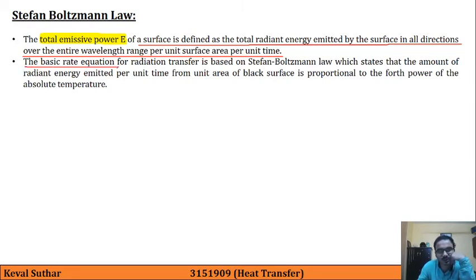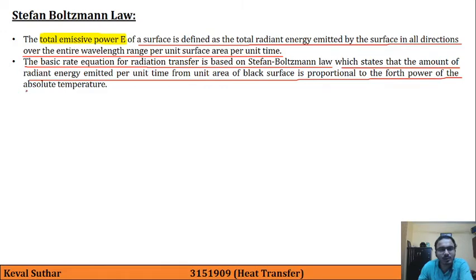The basic rate equation for radiation transfer is based on the Stefan-Boltzmann law, which states that the amount of radiant energy emitted per unit time from unit area of a black surface is proportional to the fourth power of absolute temperature. So here EB is given by sigma B into T raised to 4.